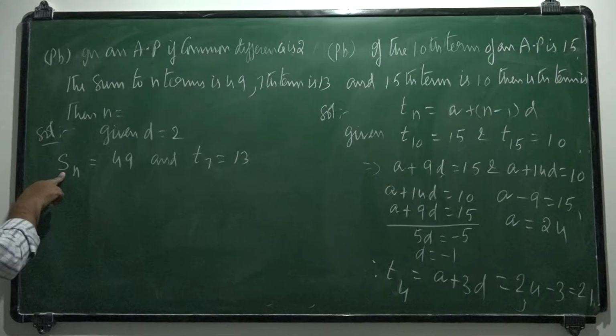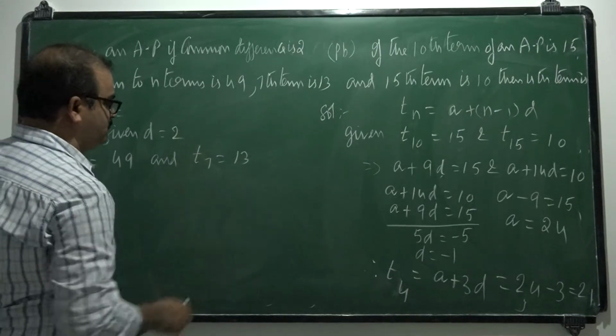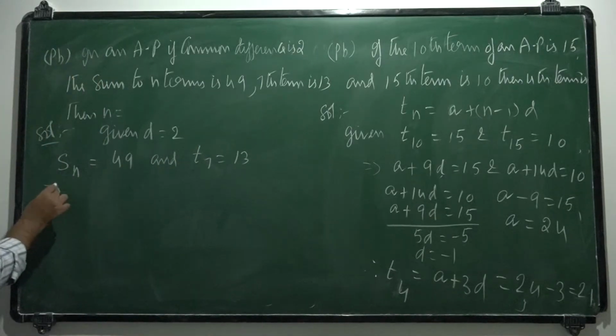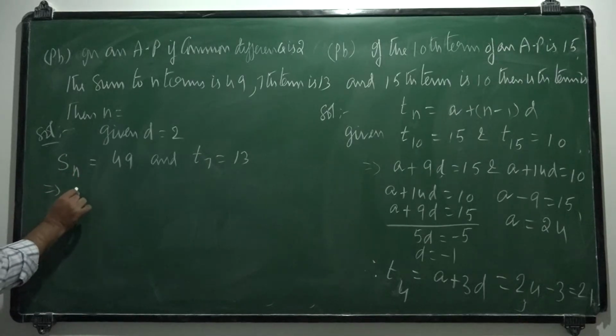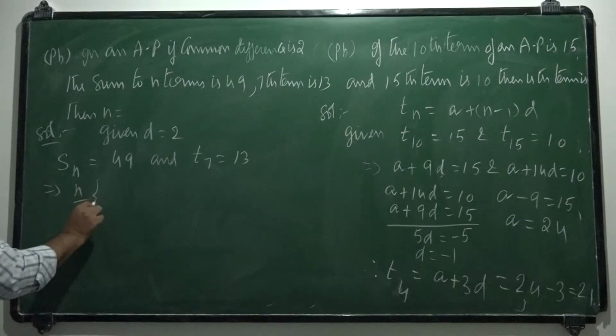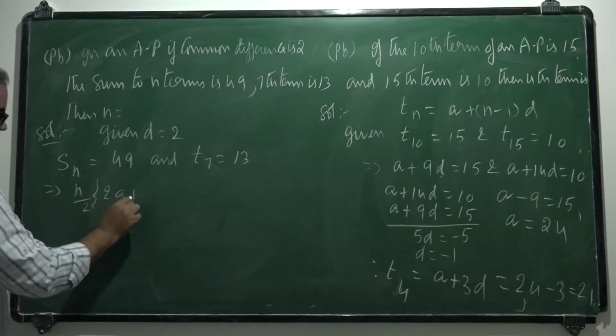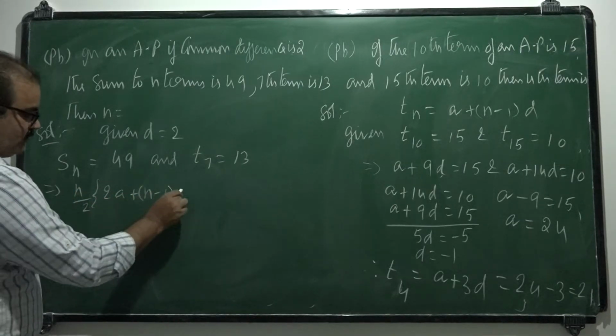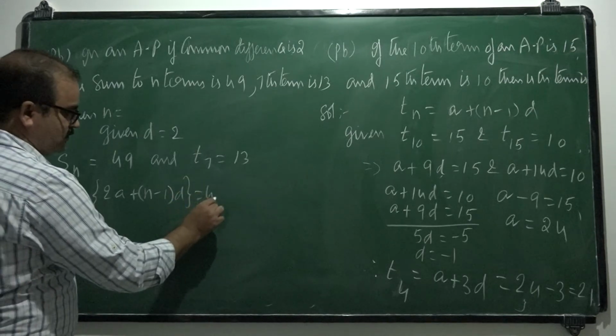S represents sum and T represents the term. What is the formula to find the sum of the first n terms in an AP? n by 2 into 2a plus n minus 1 into d is equal to 49.